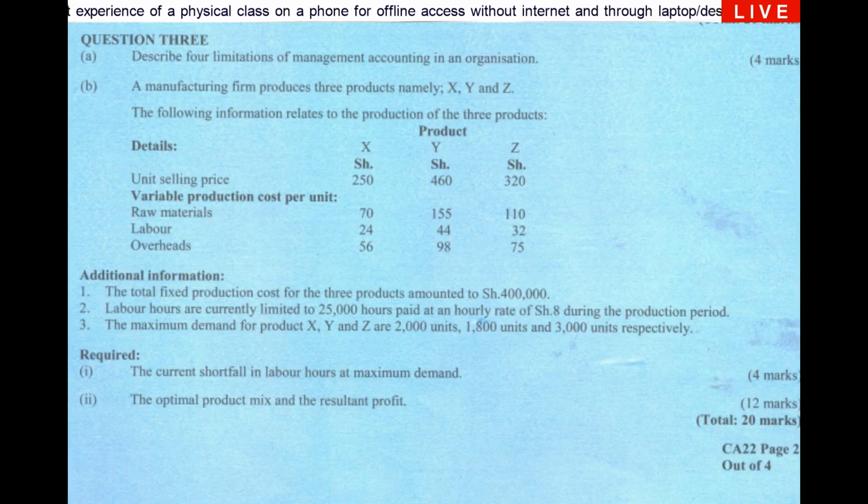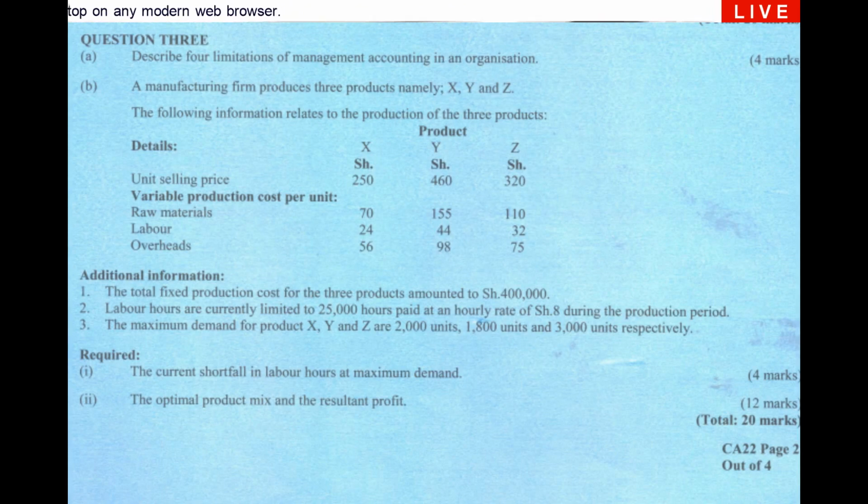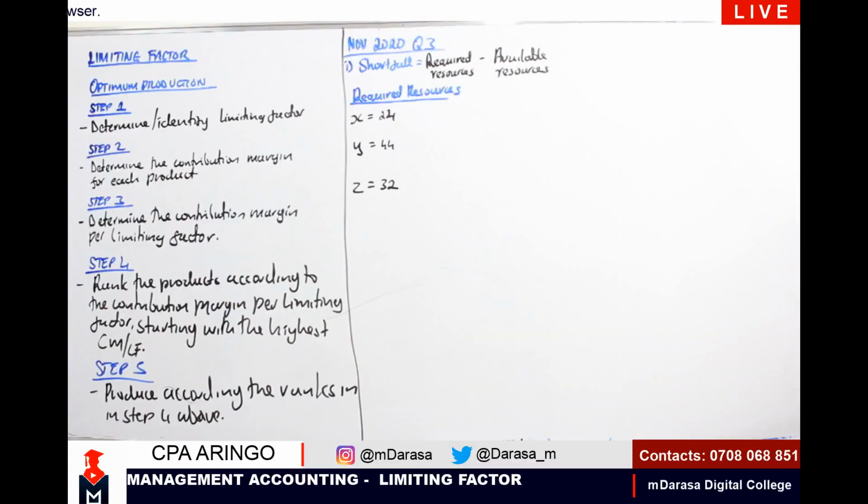Labor hours are currently limited to 25,000 hours, paid at an hourly rate of 8 shillings during the production period. For labor, product X I was paying 24, product Y I was paying 44, and Z 32. And each hour I was paying 8 shillings.